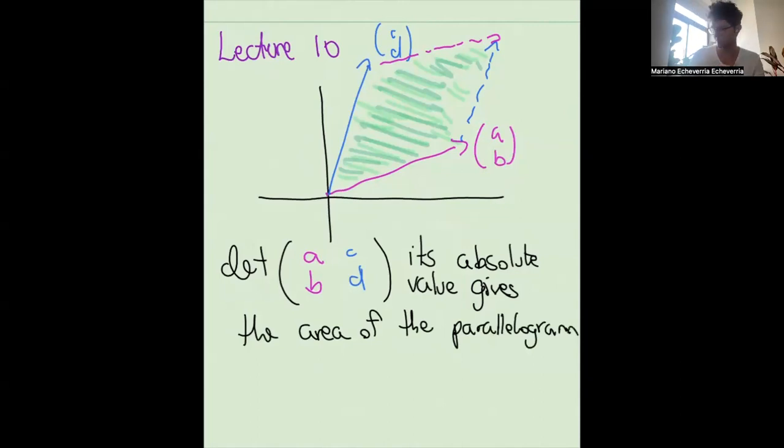So the only thing, before talking a little bit more about this, it is useful to have an actual formula for the determinant, which I wrote last time, but I'm going to explain to you how you can figure it out.